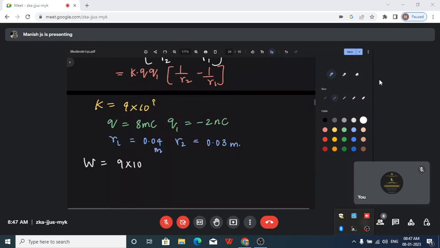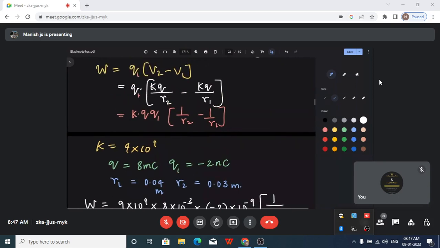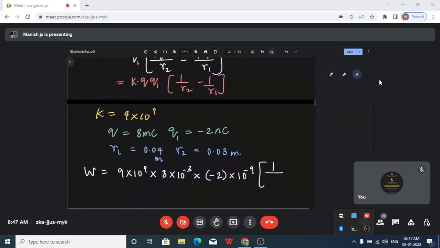So 9 into 10 power 9 into 8 into 10 power minus 3, 8 millicoulomb, minus 2 nanocoulomb, minus 2 into 10 power minus 9, over within brackets 1 upon, okay, 1 second, R2 and R1 values, I think I wrote the other way around.